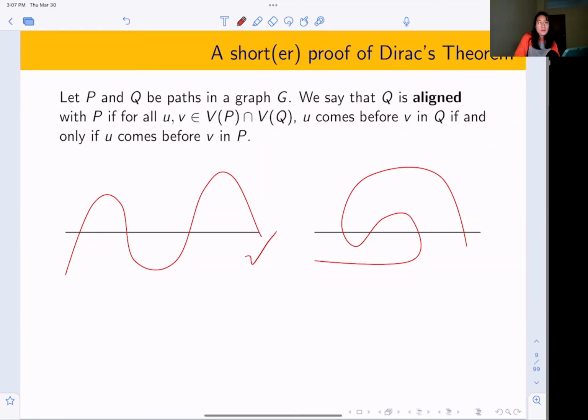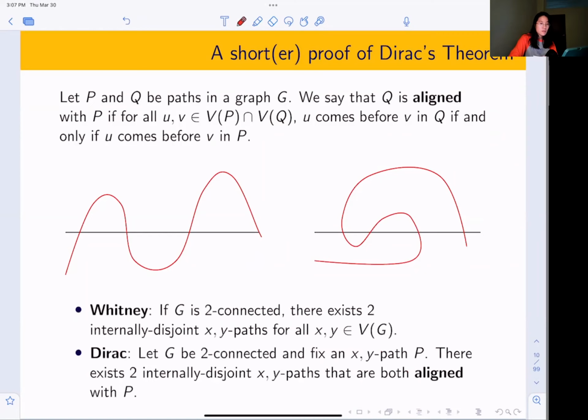So here, this is an example of 2 aligned paths. On the other hand, on the next graph, these 2 paths are not aligned. Okay. So with that in mind, Whitney's theorem for 2-connected graphs, this is like a 2-connected version of Menger's theorem, says that if we have a 2-connected graph, there exist 2 internally disjoint x-y paths for every pair x and y.